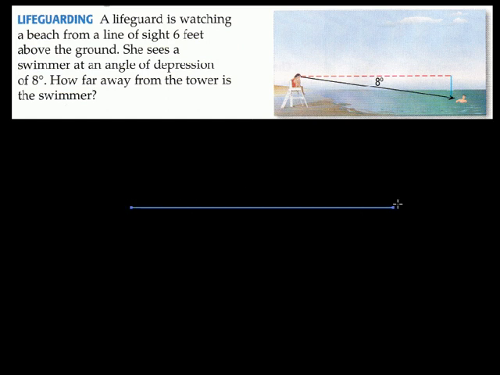We've got this down here like this, we got this like that, and we've got that. All right, so watch. This is angle of depression now, isn't it? So this angle is what? That's 8 degrees. What's it say? She's 6 feet high, right? So where's the 6 feet? That's not even part of our triangle. That right there, isn't it? That's the 6 feet. So there's the 6.